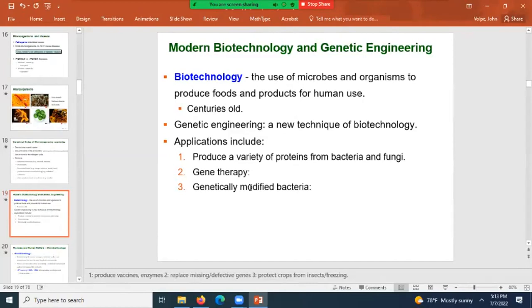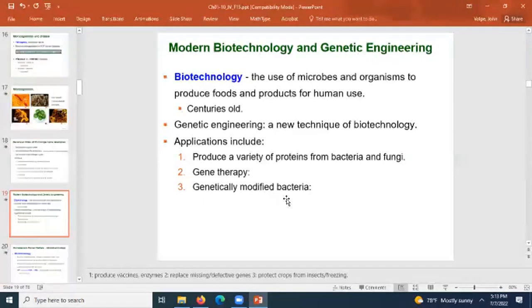And then there's genetically modified bacteria, which we can use to protect crops from insect damage or from freezing. Another example, if you remember the Flavr Savr tomato, a genetically modified tomato.